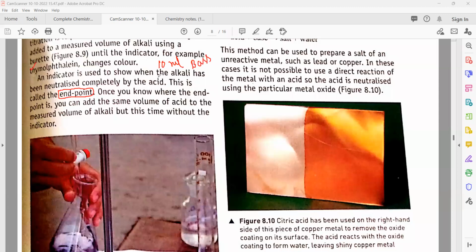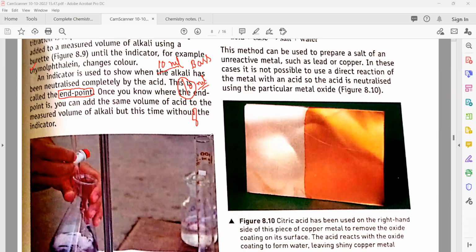To neutralize this 10 ml base, you need, for example, 10 ml of acid. Sometimes it comes out that way, but sometimes due to a change in concentration, it will not be an equal amount. Maybe at 8 it becomes neutralized.